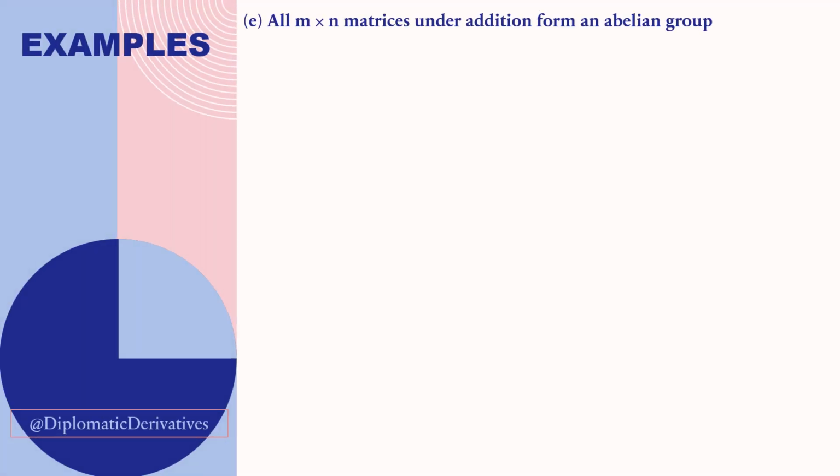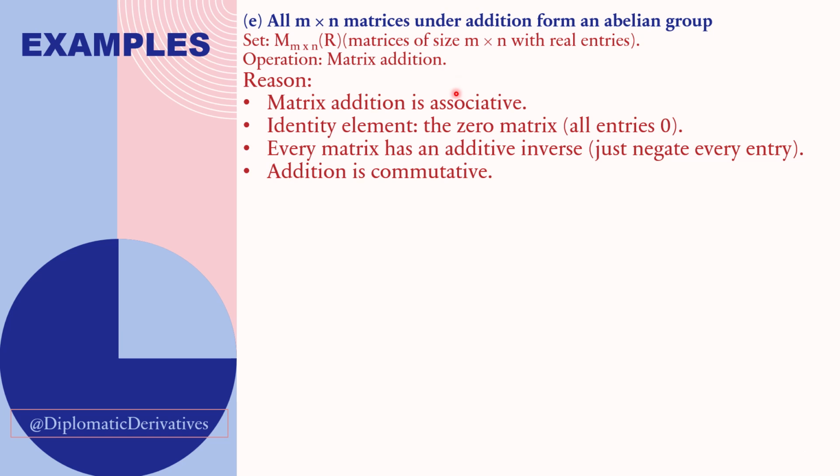Next is matrices. All m by n matrices under addition form an abelian group. The operation is addition. Matrix addition is associative. When we studied matrices in school, we already did how matrices work and what matrix addition is, and that matrix addition is associative, so try to remember that.